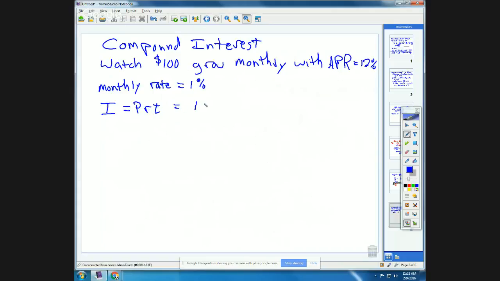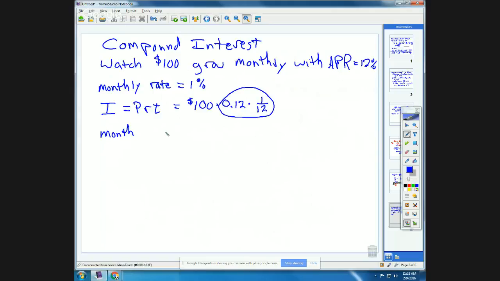The calculation for 1 month would look like this: $100 times a rate of 12% times 1 month, which is a 12th of a year. And here we can see that 12% divided by 12 hiding in that formula right there. That's 1%. All right, so I'm going to need to keep track of the month that I'm in.